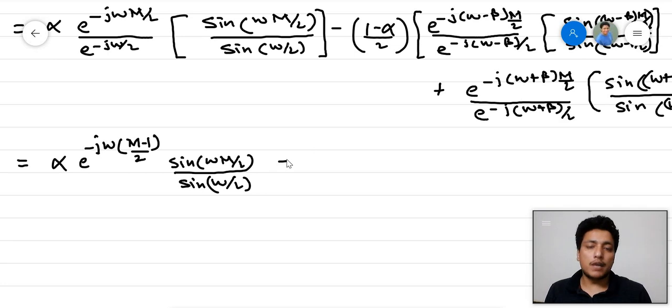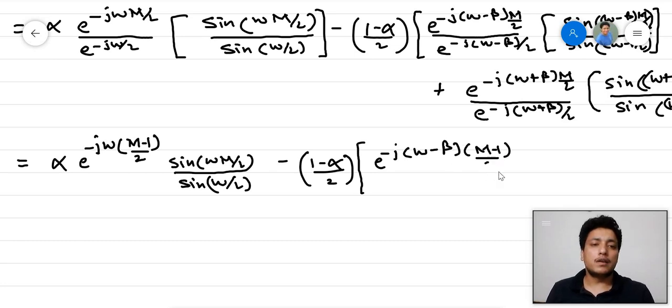Minus, or we can make this particular term minus, then we'll adjust this particular negative sign, 1 minus alpha by 2, and then it will be exponential minus j (omega minus beta) (m minus 1) by 2, and then it is sine (omega minus beta) m by 2 over sine (omega minus beta) by 2.